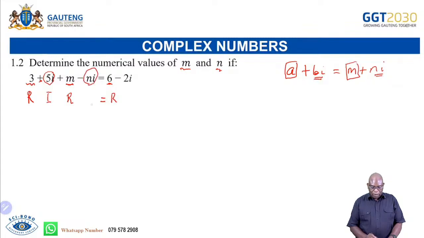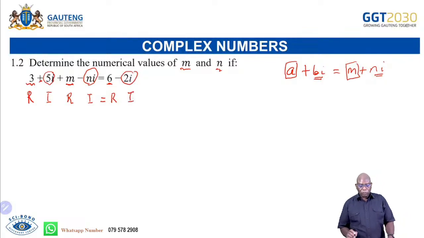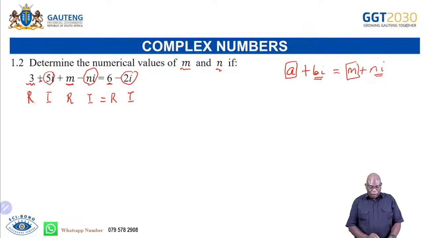This one is an imaginary part. That one here is an imaginary part. Remember, we take it with a sign. So if I want to equate now, I'll say the real part and the real part on this side will be added together. So it's 3 plus m. So I'm going to write 3 plus m.